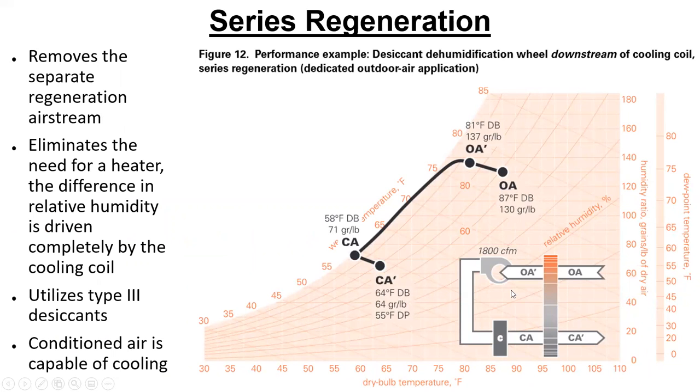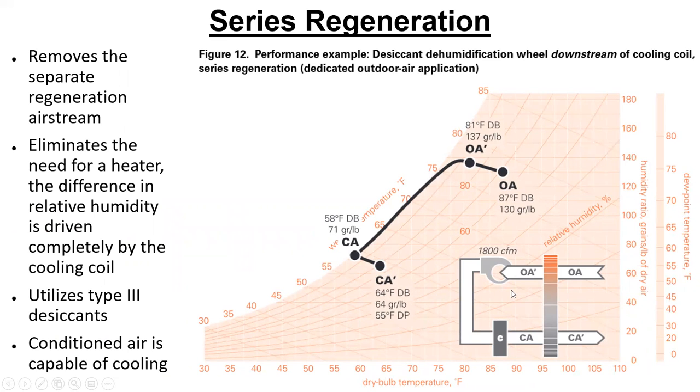Okay, now here's kind of the latest greatest. This is going to use type 3 desiccants, and this is called series regen. So we get rid of the separate regeneration system. It removes the separate regeneration airstream and eliminates the need for a heater, so no heater.